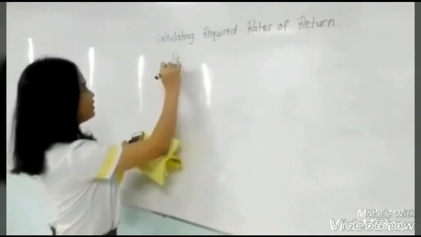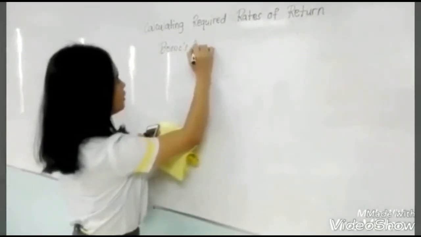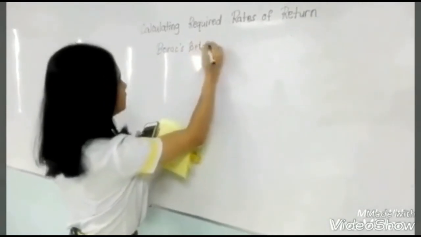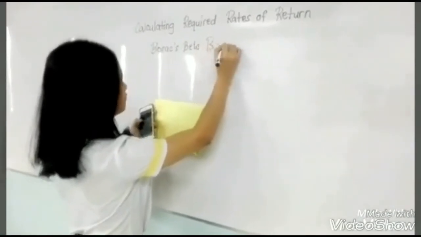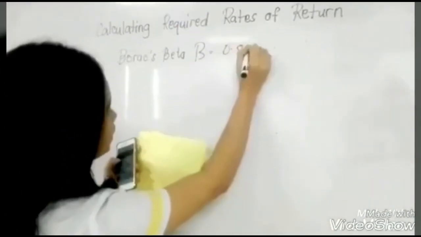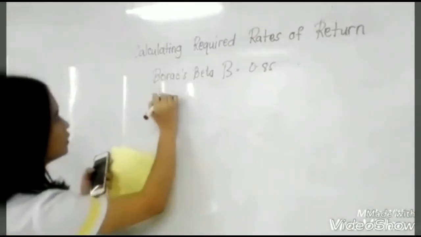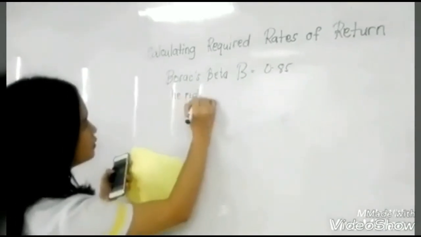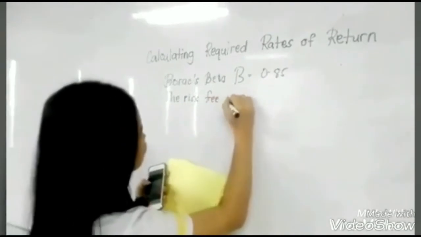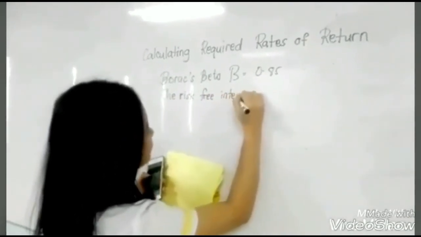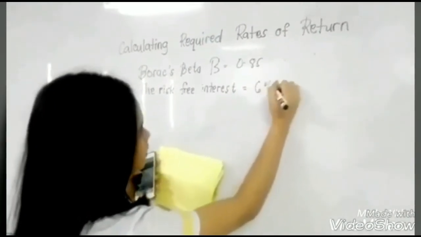Borac's beta is 0.85. The risk-free interest is 6%.